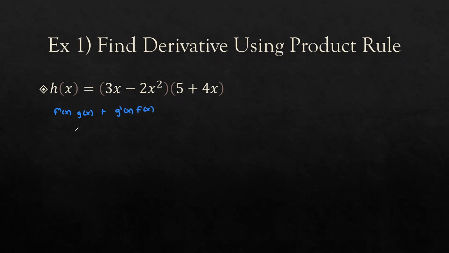That's all it is. So first you have to determine what's your f and what's your g. So this whole thing can be represented as your f, and then this whole thing can be represented as your g, right?